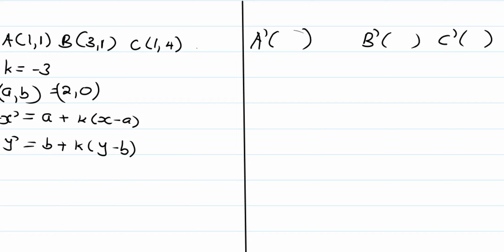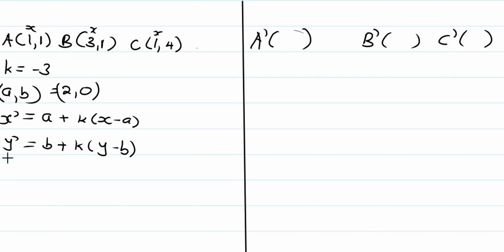we'll have to apply this formula. For the x coordinates, we have a, where a is the first value in the center of enlargement, and in our case it will be 2, then plus k, where k is the scale factor, times x, where x is the x coordinate of these ones, that one, and this one, but we go one at a time, then minus a, which is 2.